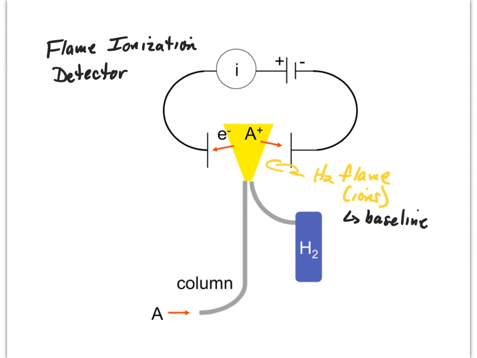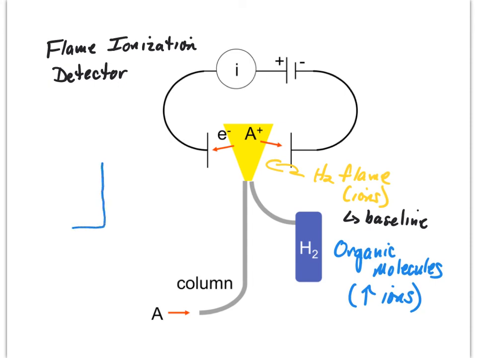If organic materials come out of the column, when they burn, they increase the number of ions in the flame. As the number of ions in the flame increases, the current crossing this gap increases, and the detector registers that change in current and plots it as a peak.